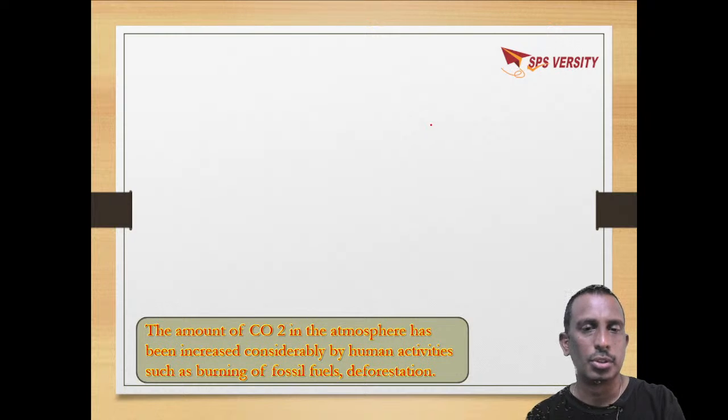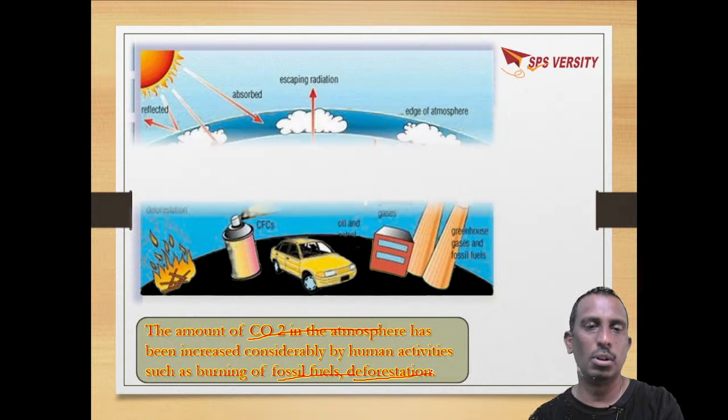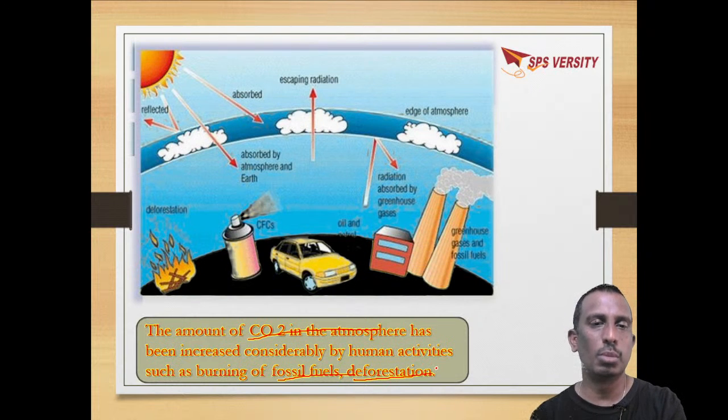Gradually, due to human activities, a lot of CO2 is released into the atmosphere. Due to burning of fossil fuels and deforestation, the amount of CO2 released into the atmosphere is gradually increasing.